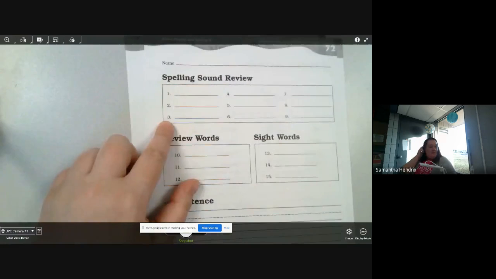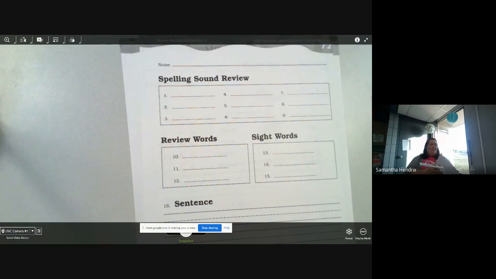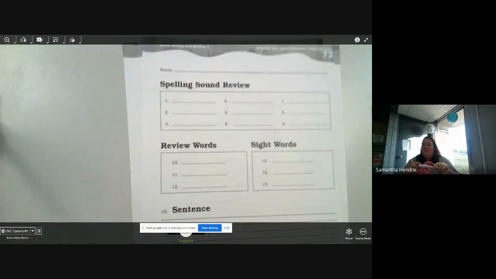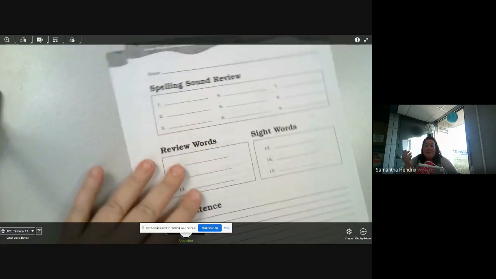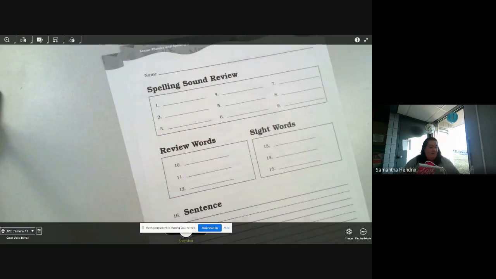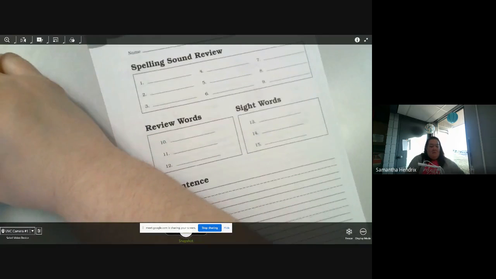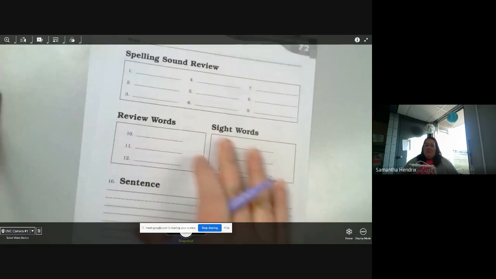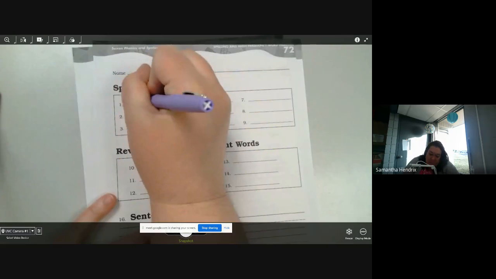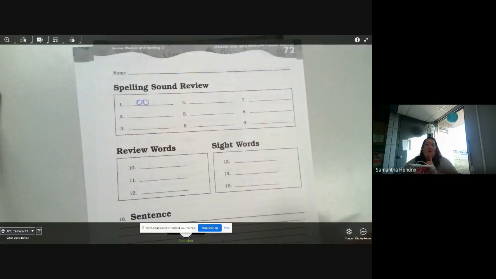Spelling sound review. Let's look at it. Here we go. Digraph OO, and we're going to write digraph OO. oi. That's one of our newer ones.